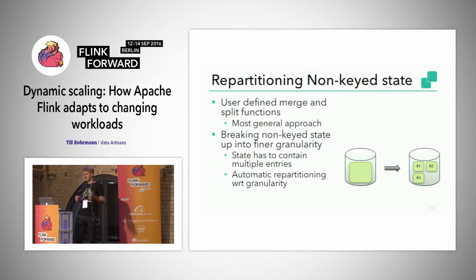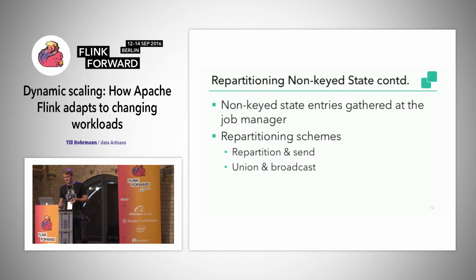And once we have these smaller units, the system can take care of the rescaling without having to know what the state actually contains. So what's happening behind the scenes when you rescale your job is that handles to these state units, the non-keyed state units, are collected at the job manager. And upon rescaling, there are different repartitioning schemes possible.